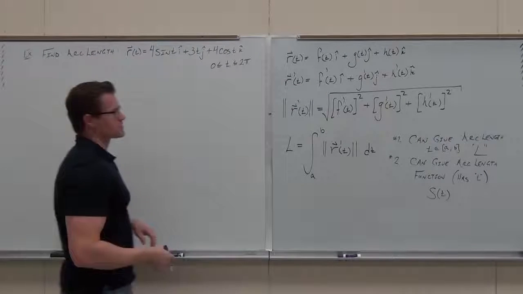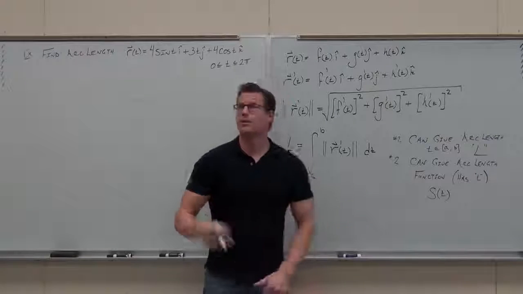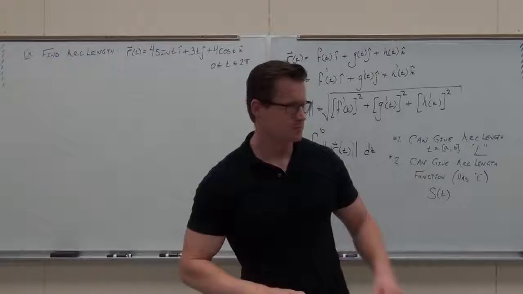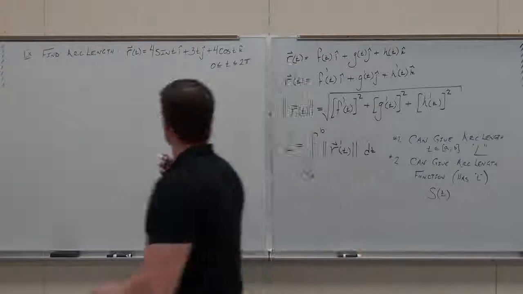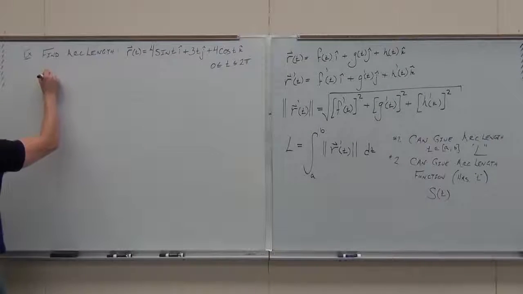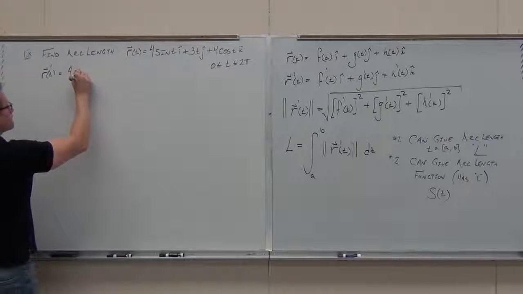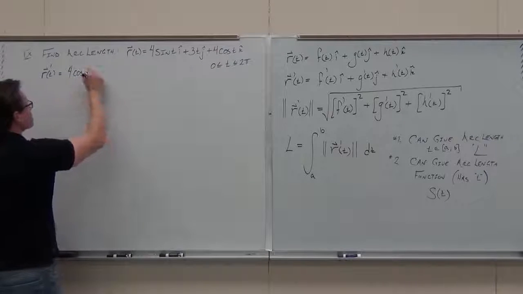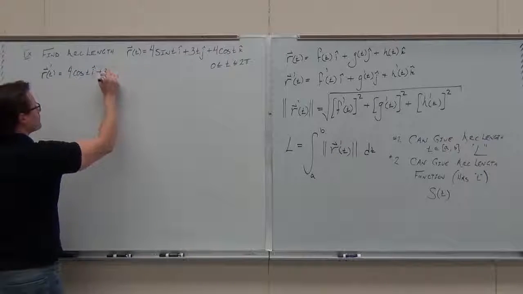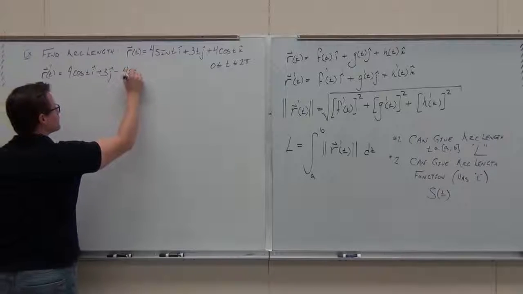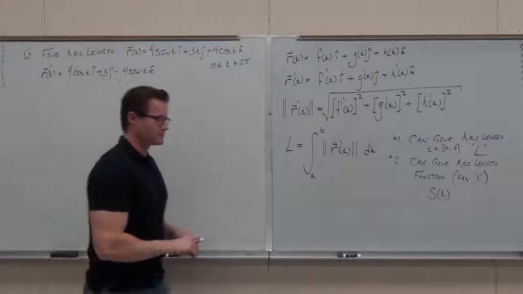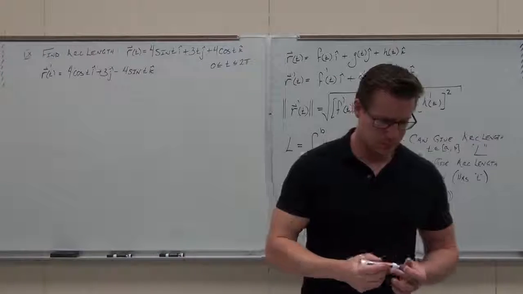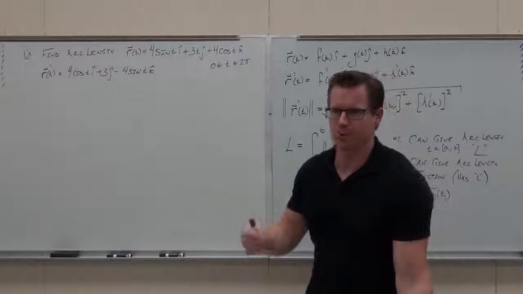What's the first thing you might want to do? Derivative. Go ahead and do that. Take the derivative. A lot of times we get wrapped up, we forget what we're doing.